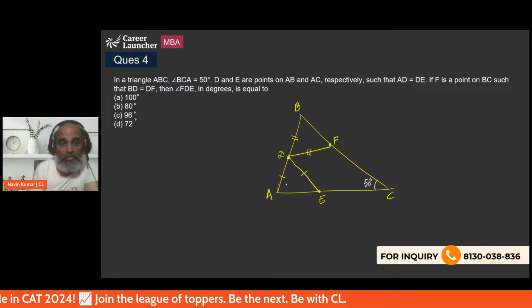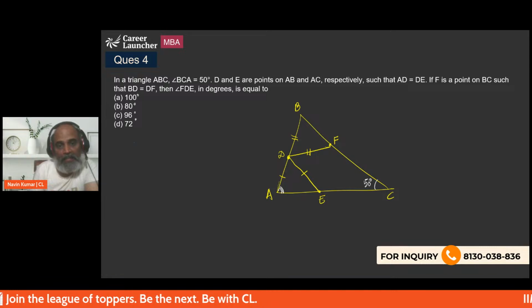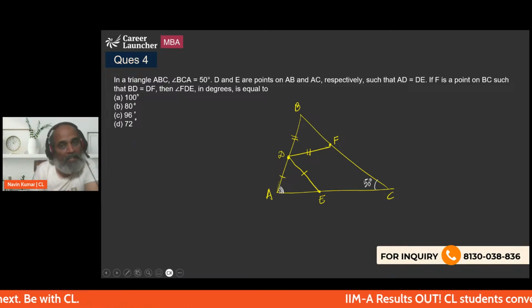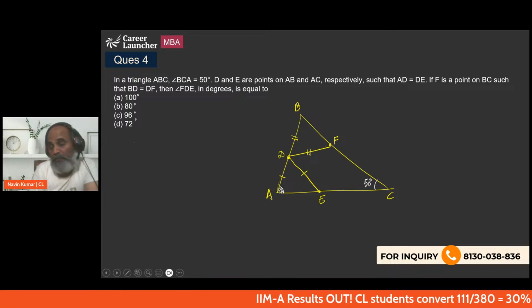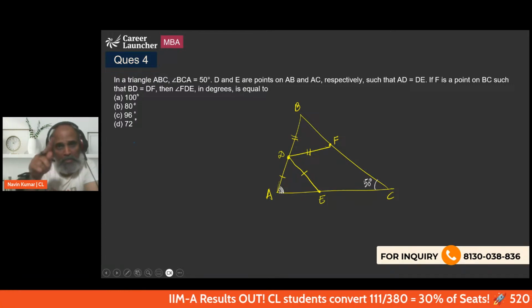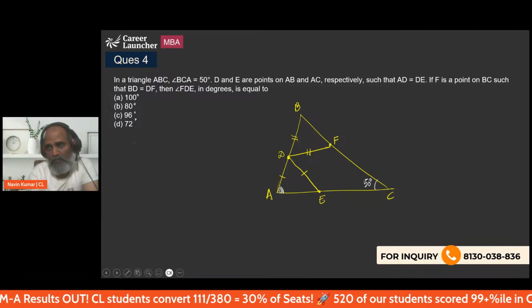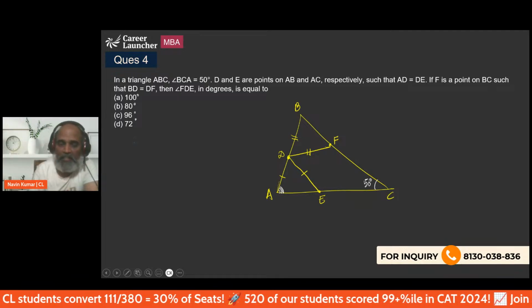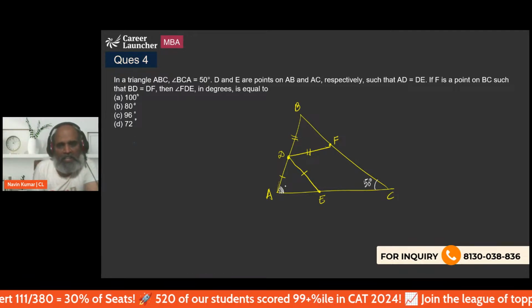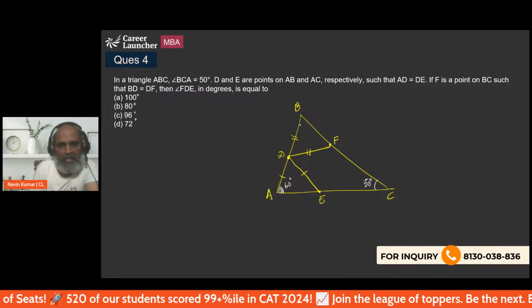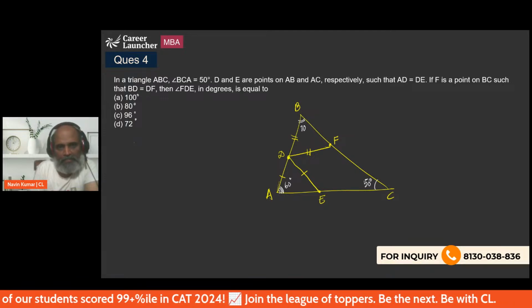So we can choose any angle at A. Okay? We know the total angle is 180, out of which 50 is taken by C. I'm talking about the largest triangle here, ABC. In it, C has 50. Out of 180, 50 is gone. We're left with 130. So let's say I choose 60 degrees here and I choose 70 degrees here.